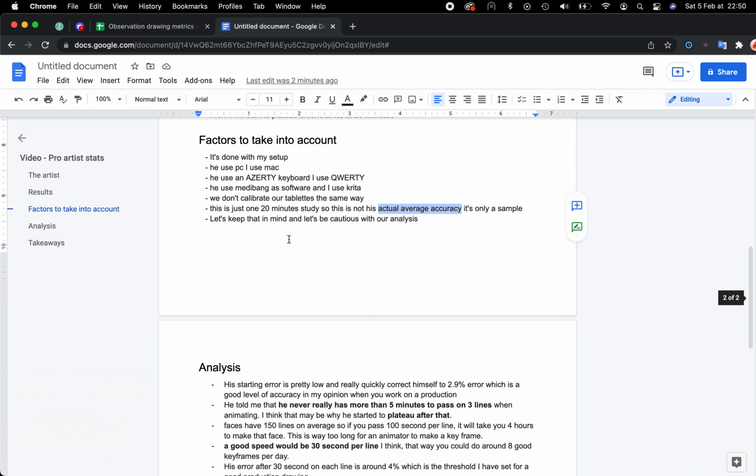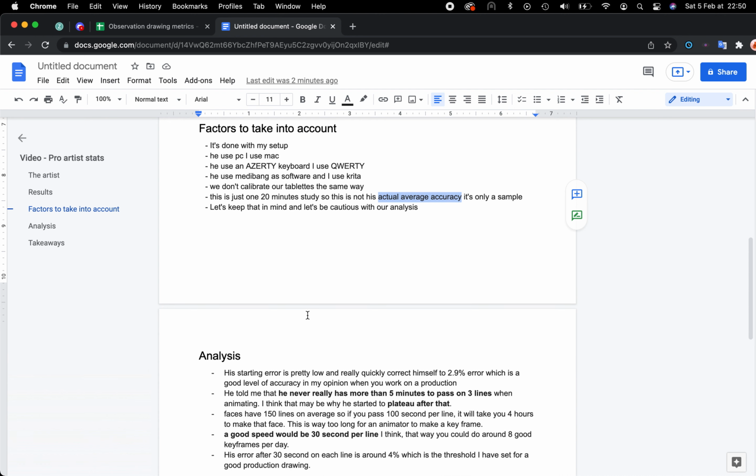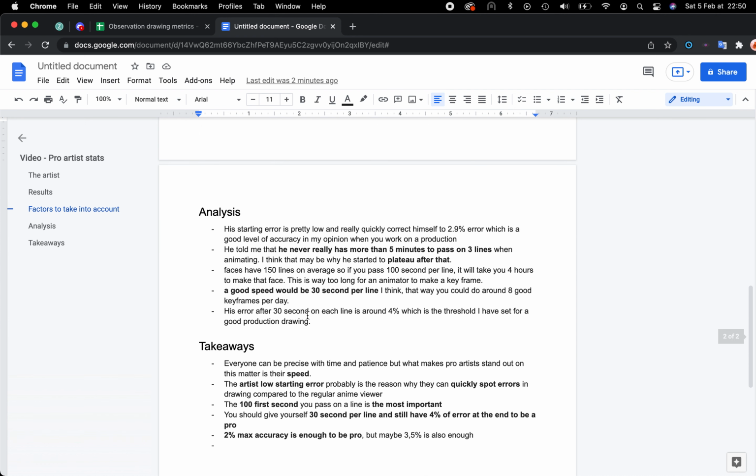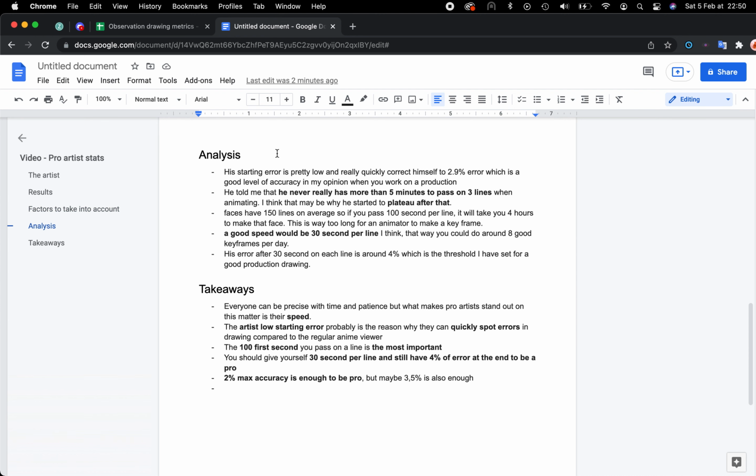I think if I have time with him, maybe I will try to do more of this. But so far, if we start to analyze this, what we can say is that the starting error is pretty low, and he's really quickly correcting himself to 2.9% error, which is a good level of accuracy when you work in production. He told me also that he never really has more than 5 minutes to spend on 3 lines.